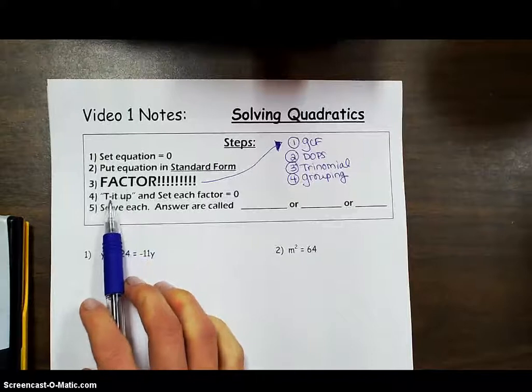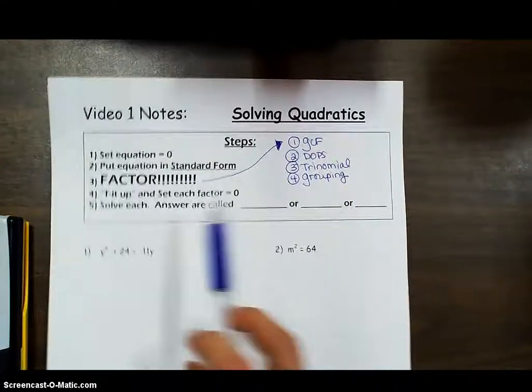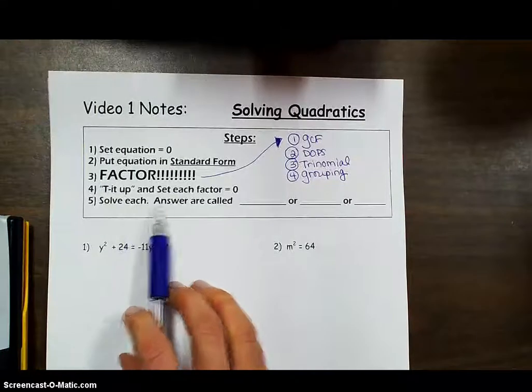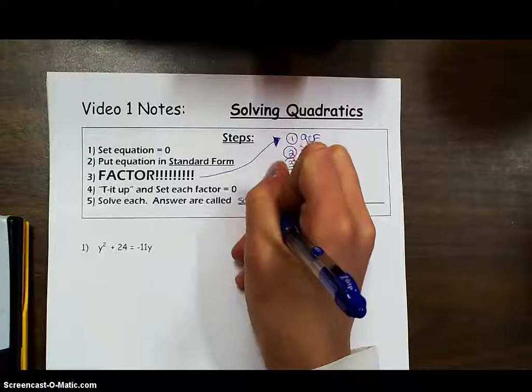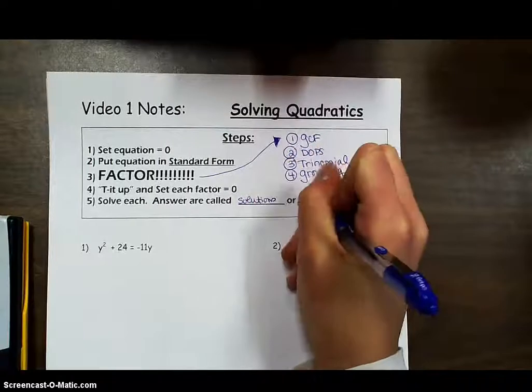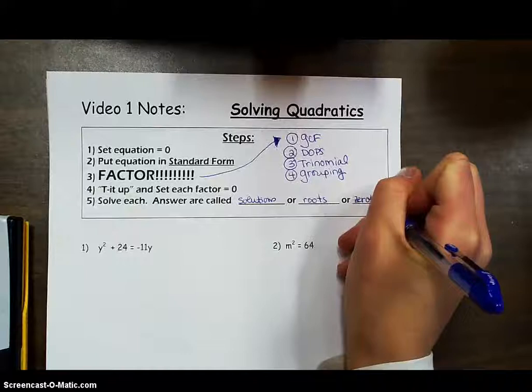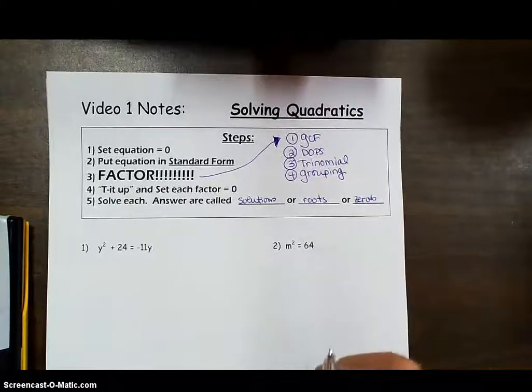After you factor, we're going to do something called tee it up. And then you're going to set each factor equal to 0, and you're going to solve each. So your answers are called the solutions, the roots, or the zeros. So they're called the zeros because we set the whole thing equal to 0.